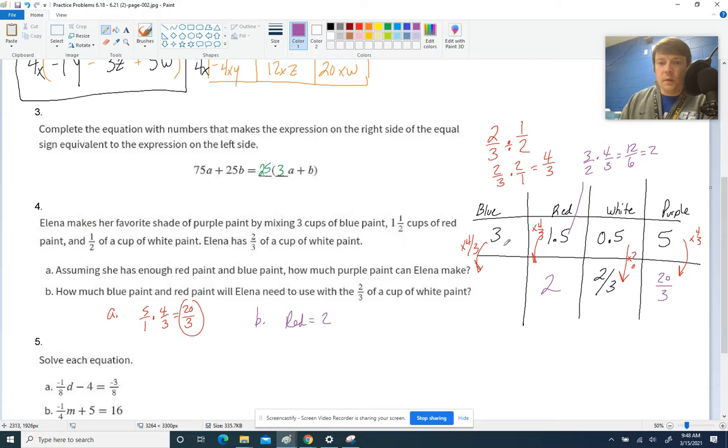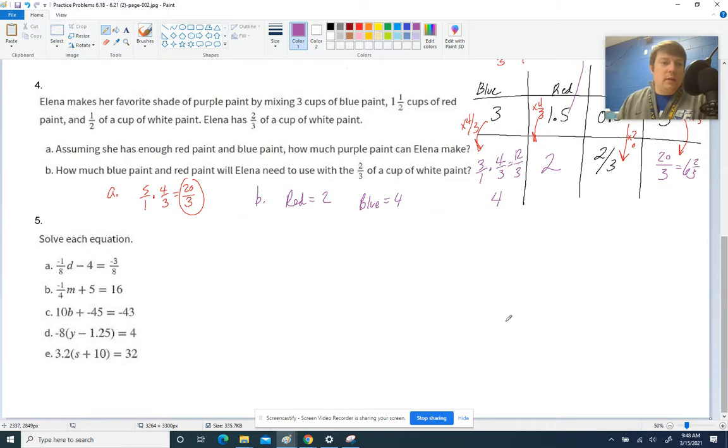Red will equal 2. And then 4/3 times 3. So 3/1 times 4/3. That's 12/3, or just simply 4. So blue would be 4. And 4 plus 2 plus 2/3 is 20/3, or 6 2/3. Same thing. So it all matches up.